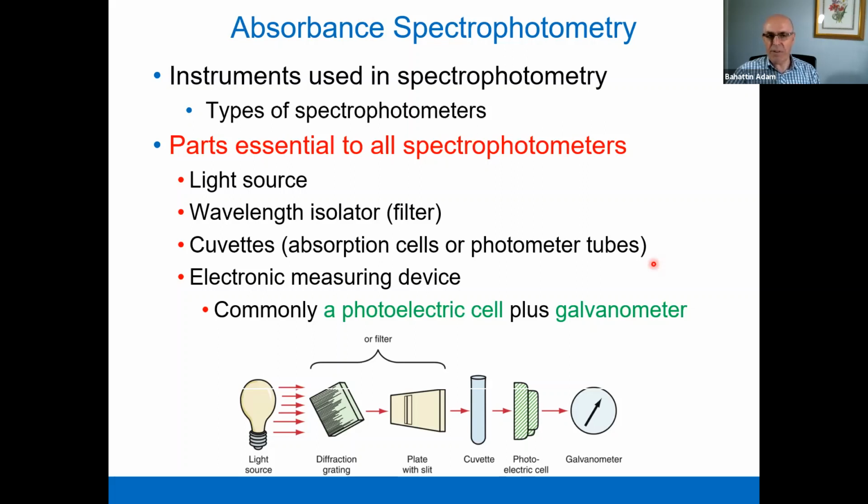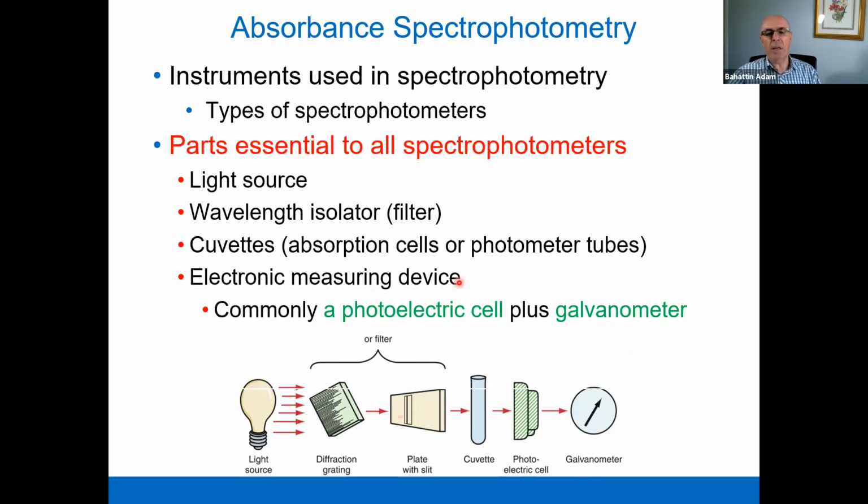Now, the instruments used in spectrophotometry or photometry are based on the same techniques. The parts essential to spectrophotometers, as you see here, are a light source, a wavelength isolator, a filter, cuvettes, and also the electronic measurement devices.